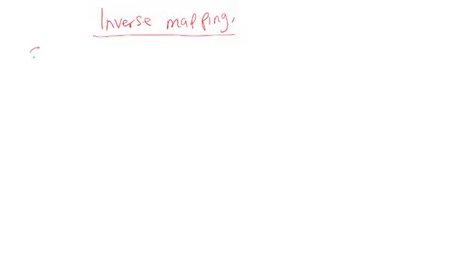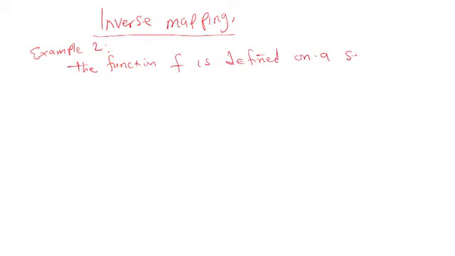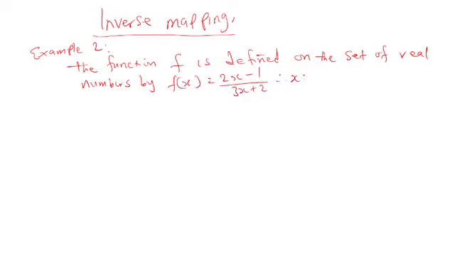For example, let's call this example 2, we say the function f is defined on the set of real numbers by f of x being equal to x minus 1 over 3x plus 2, where x is not equal to minus 2 over 3. Now this is it.